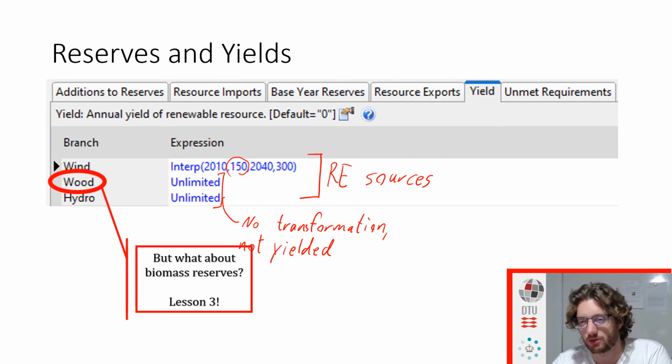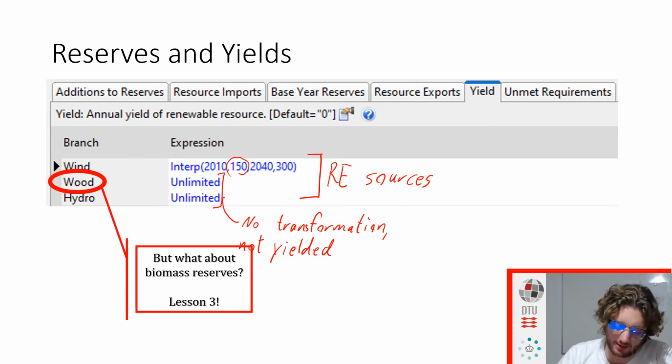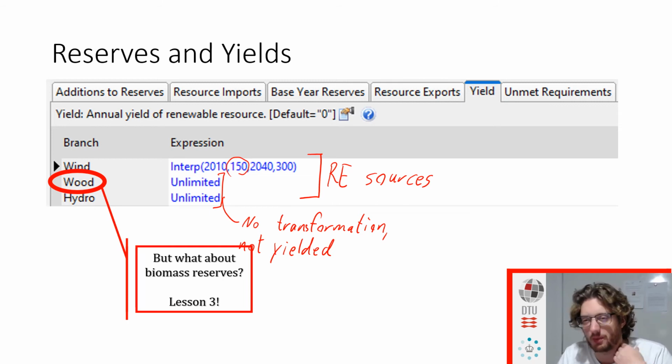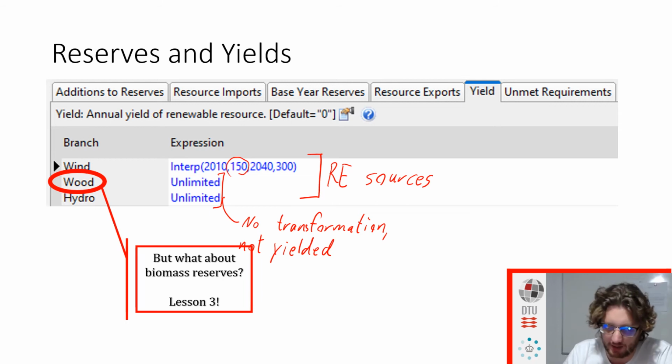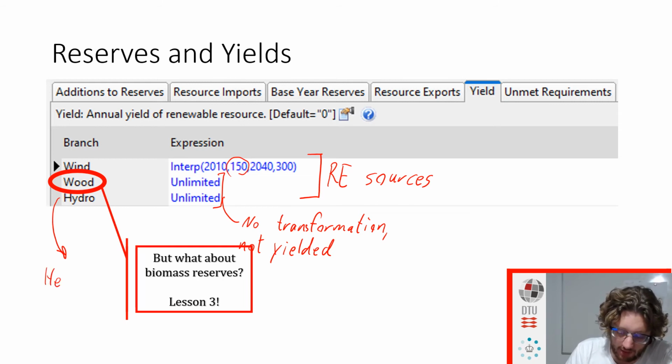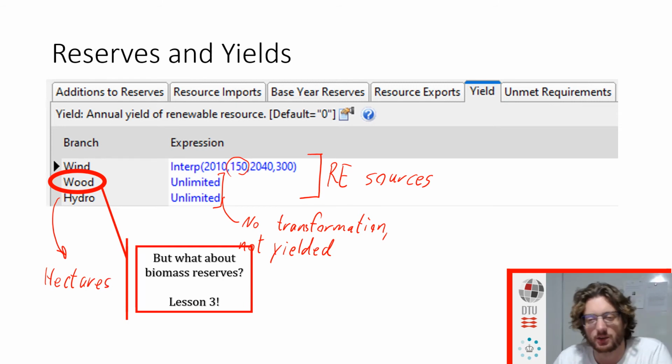So the question is also, what about wood? Because now we have listed it as unlimited, and we could put a number on it, but wood is not just wood; it's a biomass reserve, and that needs to somehow be converted into some kind of hectares. I mean, wood is just not something flying around.